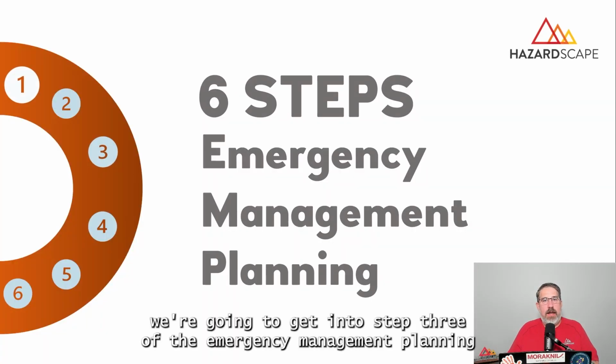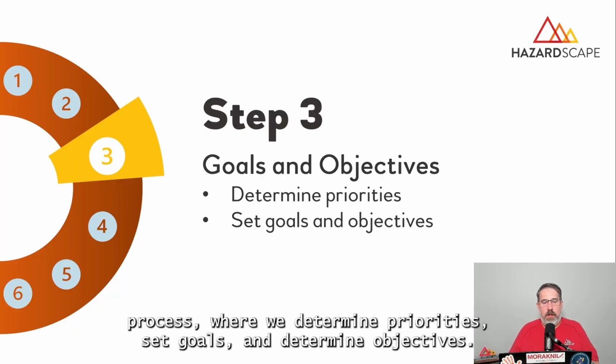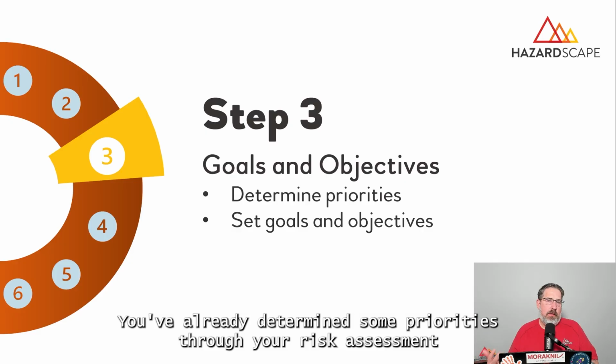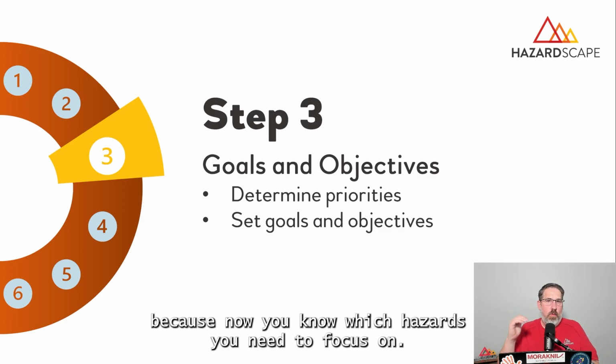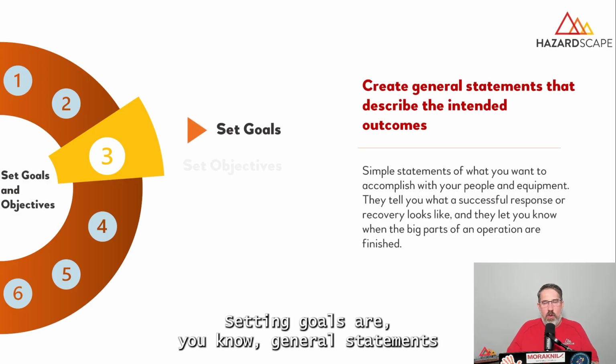So here we're going to get into step 3 of the emergency management planning process, where we determine priorities, set goals, and determine objectives. You've already determined some priorities through your risk assessment because now you know which hazards you need to focus on. Setting goals are general statements.